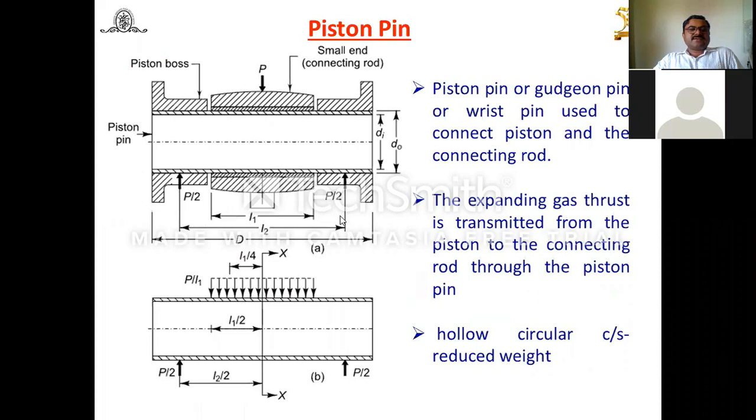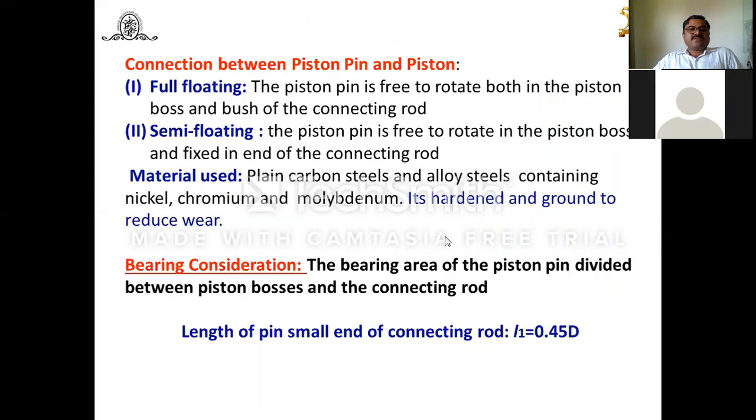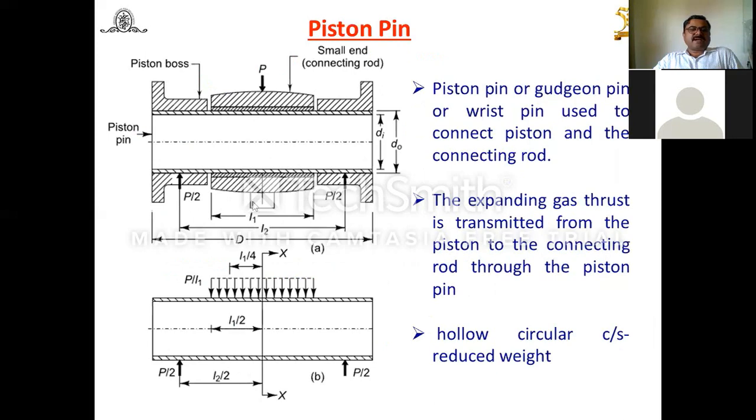this portion and this. And in the remaining portion, you can again add this L1. So in terms of L1 and in terms of D, you will get L2 or D by 2. Even so, you can do this analysis by L2 is equal to D by 2 minus L1 by 2.